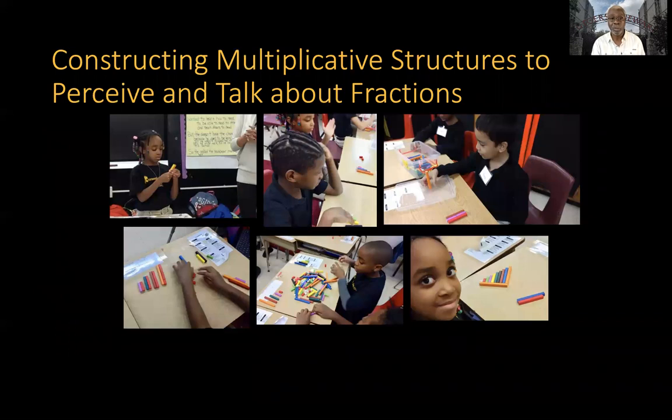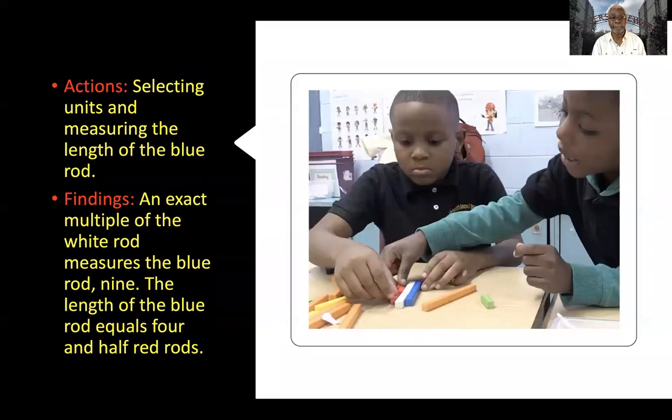These second graders also construct multiplicative structures so that they can perceive and talk about fractions. They look at and measure a rod with another rod and talk about the fractional relationship between the two entities. Here in this picture, we see that the students are selecting units and measuring the length of the blue rod. And what do they find?